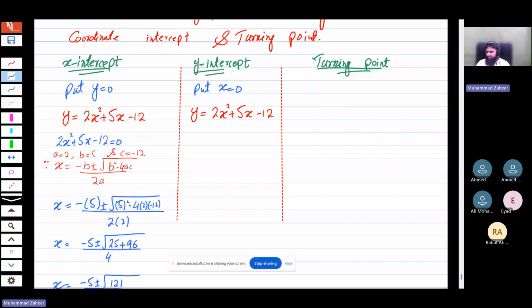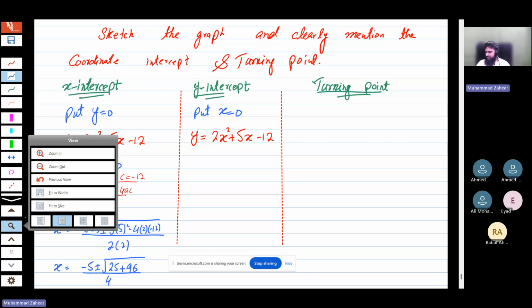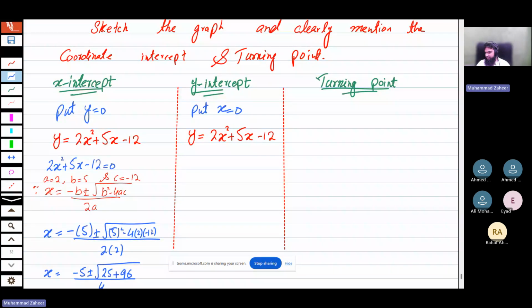All right, now we have to find the y-intercept. For the y-intercept, we have to substitute x is equal to 0. So let's substitute it. y is equal to 2 into 0 raised to power 2, plus 5 into 0, minus 12. Obviously, this value will be 0, this value will be 0, and I will get minus 12.